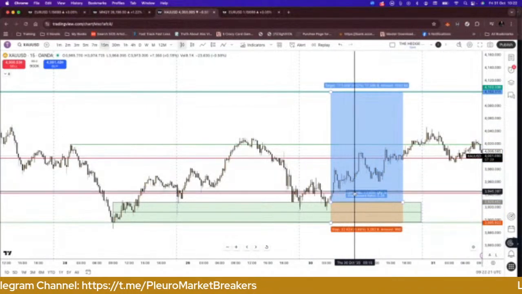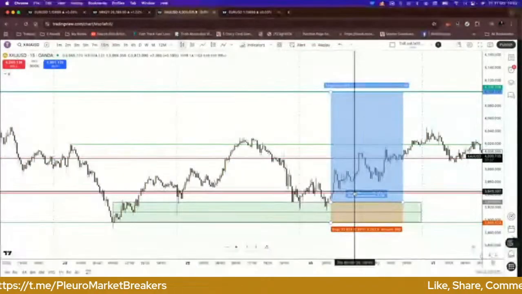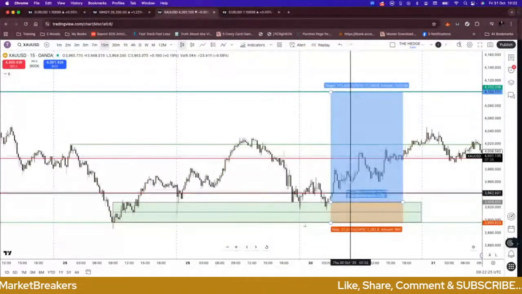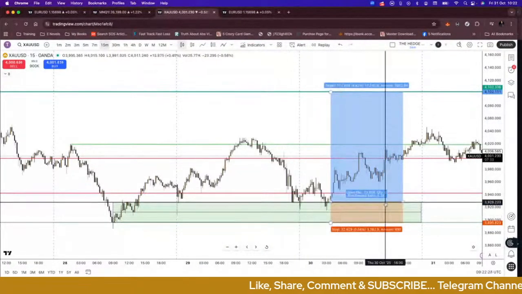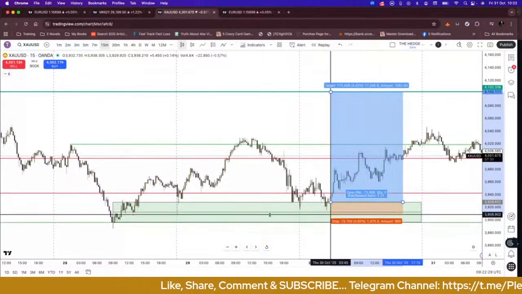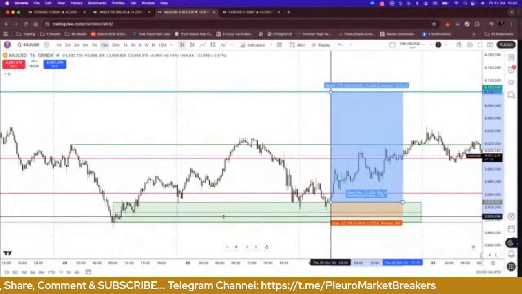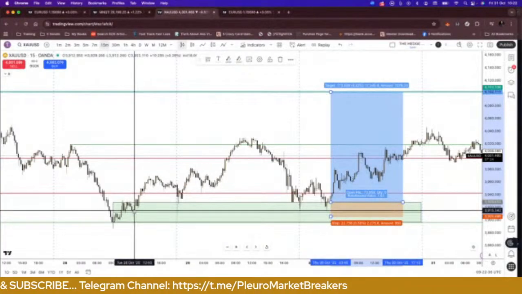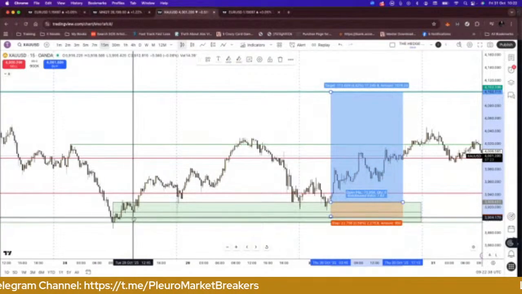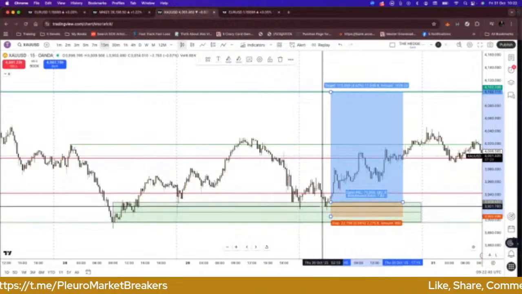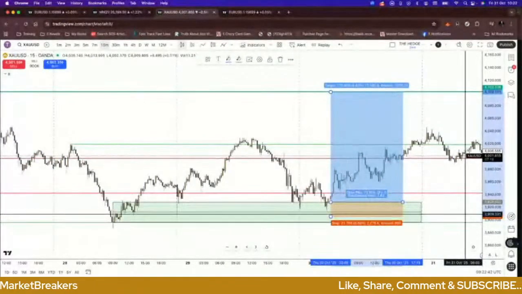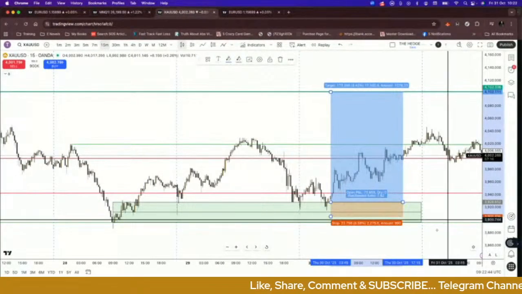You would have had 521. If you refine it a bit further, the entry will be that low there. That's what's sponsoring this reaction. And then that would then be almost 821.